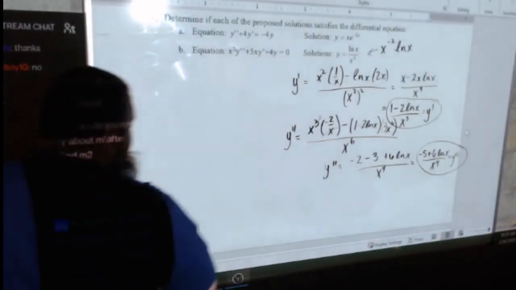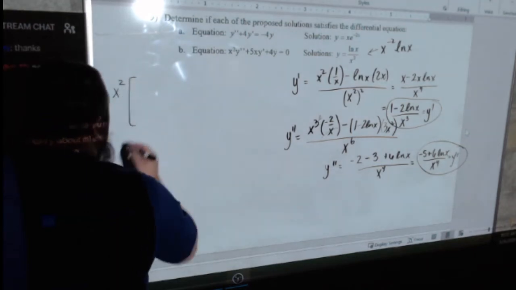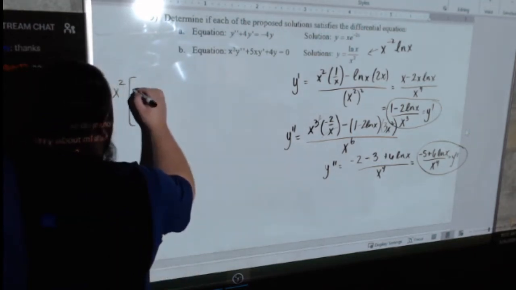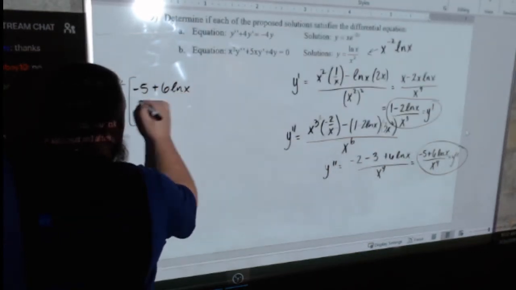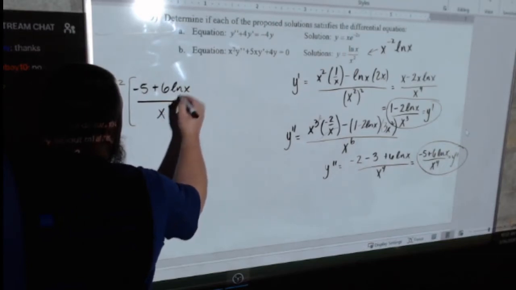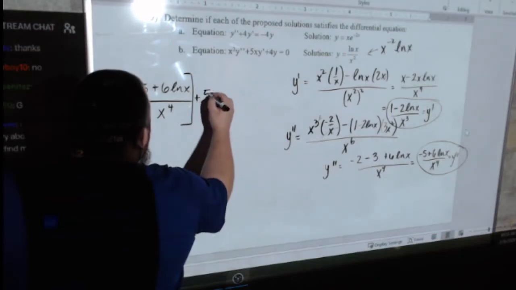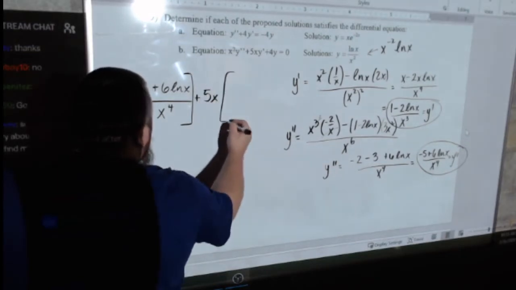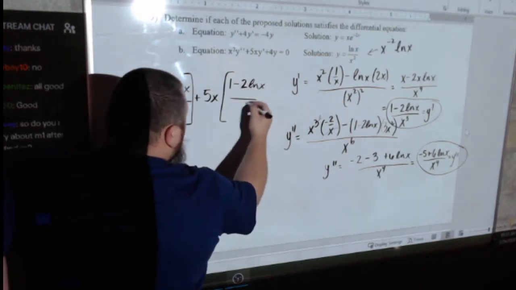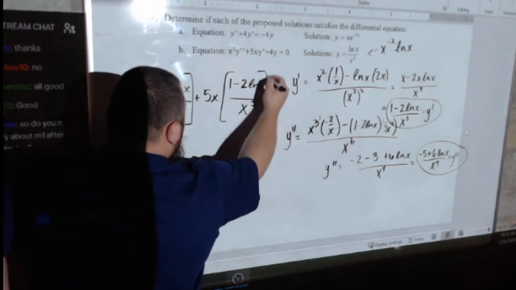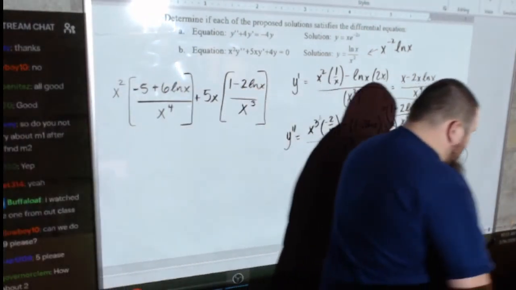So I've got x squared times y double prime plus 5x times y prime, and then I'm going to have to get rid of these now because I need space.